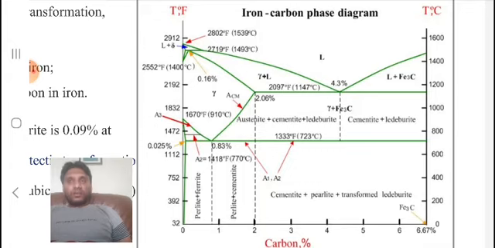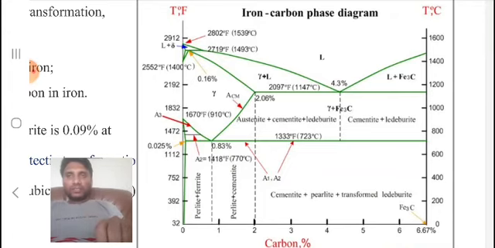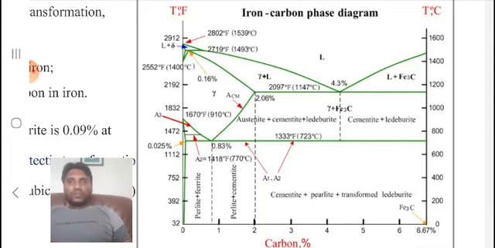The third factor that can change the mechanical property is the heat treatment process, because grain size can be altered by heat treatment. So heat treatment is one of the other factors which can change the mechanical properties.